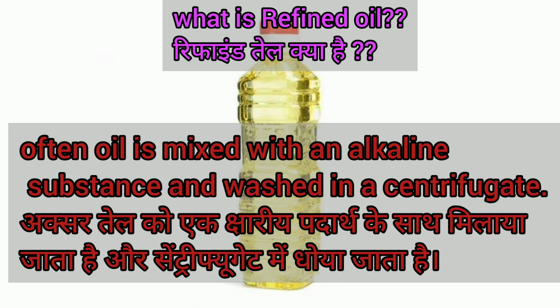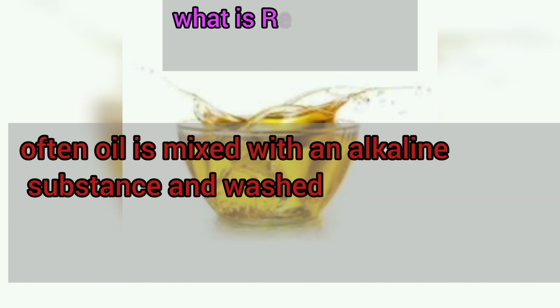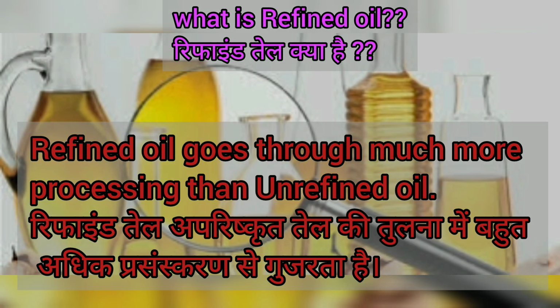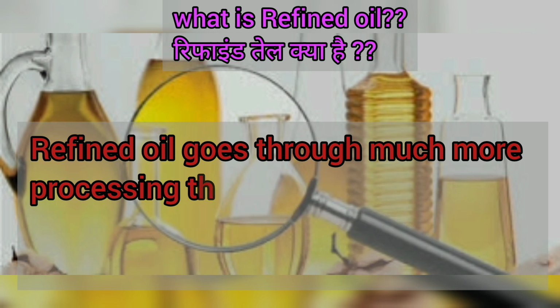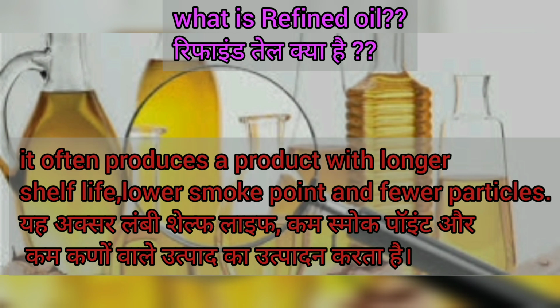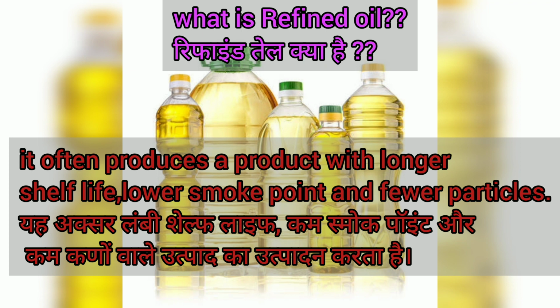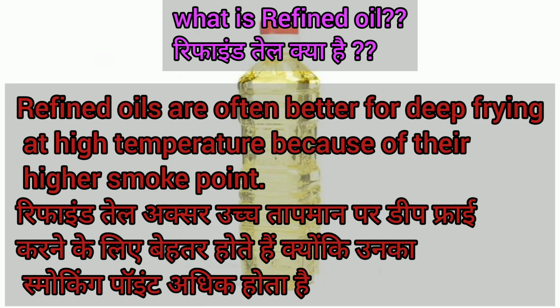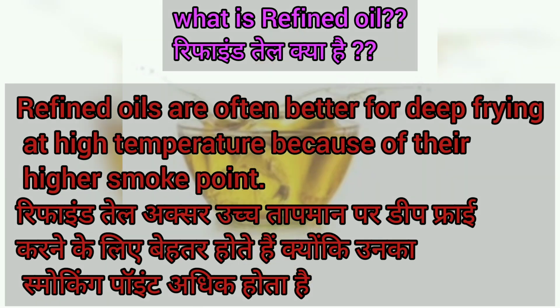Often the oil is mixed with an alkaline substance and washed in a centrifuge. Refined oil goes through much more processing than unrefined oil. It often produces a product with a longer shelf life, higher smoke point and fewer particles. Refined oils are often better for deep frying at high temperature because of their higher smoke point.